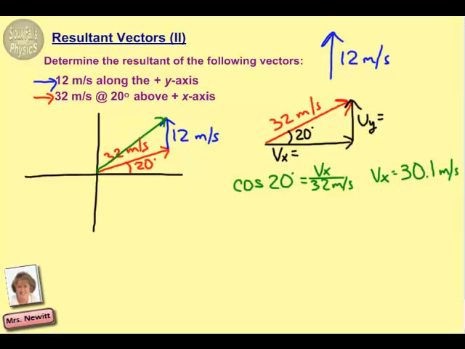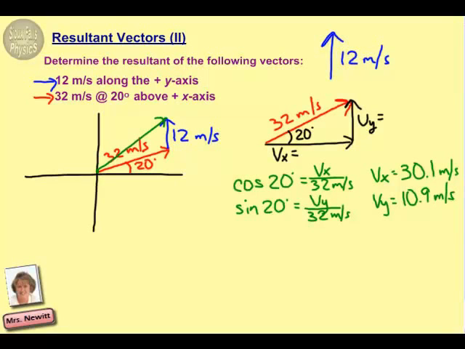We can repeat the same thing for the vertical component, except that the vertical component is opposite. So opposite would be using the sine, and that would be our vertical velocity divided by our hypotenuse of 32, and that gives us a vertical component then of 10.9 meters per second.